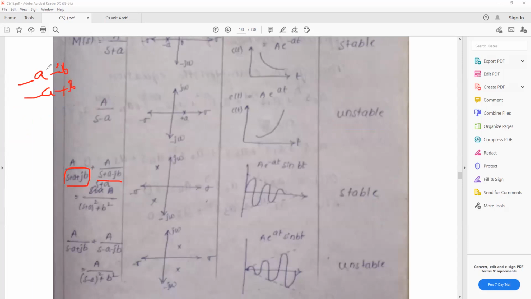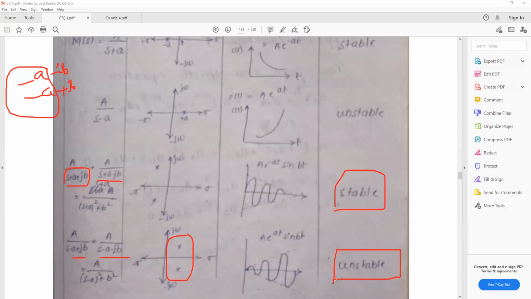The two poles lie on the left hand side of the s plane, so the given system is a stable system. And for plus a plus jb and plus a minus jb, both poles lie on the right hand side of the s plane, so the given system is an unstable system. In the above case, the two roots lie on the left hand side of the s plane, so the given system is a stable system.